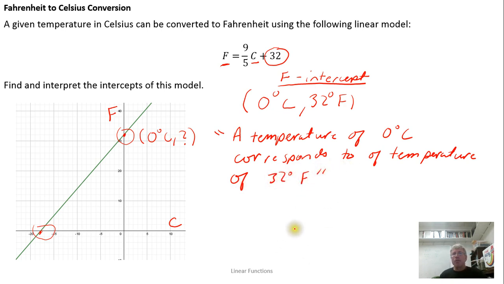And then typically when you get an intercept and you write down the interpretation of the intercept, you want to make sure that that intercept makes sense, because what we're going to see in the next example is that sometimes the intercepts are garbage or junk. They don't give us useful information. In this case, this intercept does give us useful information. 0 degrees Celsius and 32 degrees Fahrenheit are in fact both the freezing points of water. So this is an intercept that makes sense.